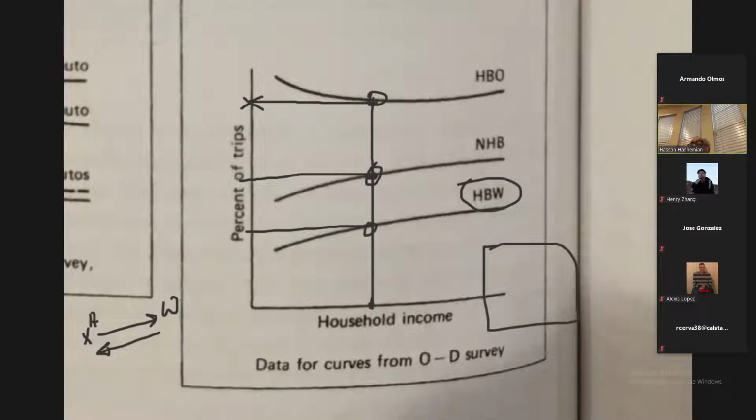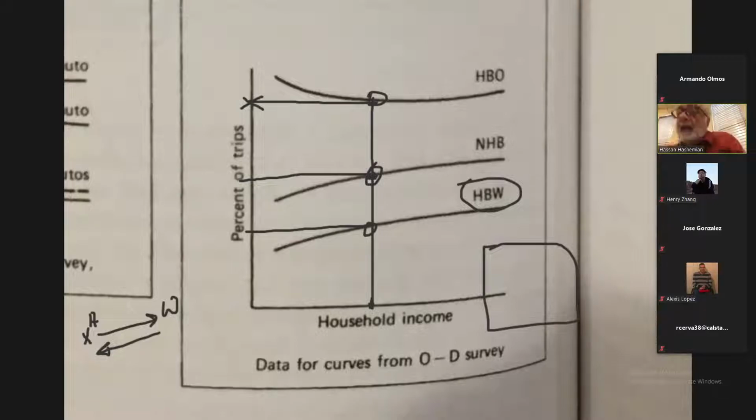That's a tough one to estimate. So that's the shortcoming of this model. Forecasting that is very difficult. All right, so that's the first model in trip generation.